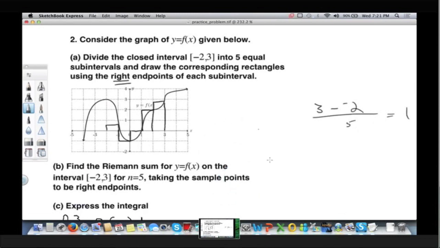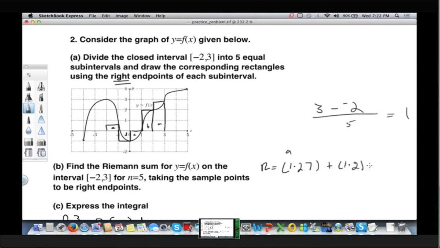find the Riemann sum. R equals, so this is A, B, C, D, E. Equals 1 times the height, which is about 2.7 plus 1 times 2.